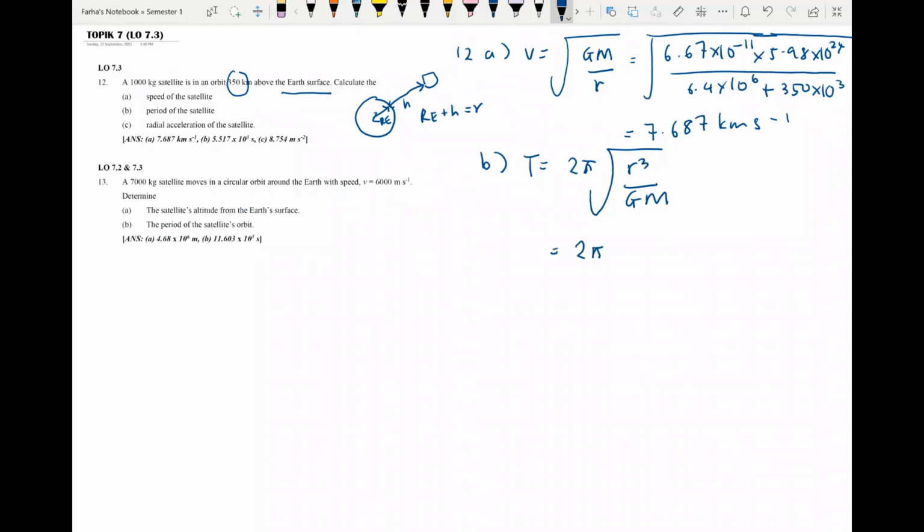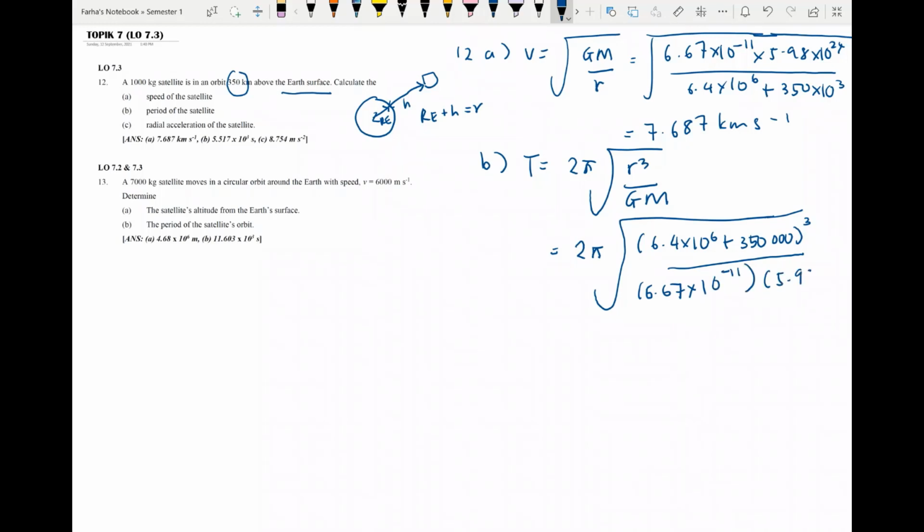Okay, for the period, we just use T equals 2 pi square root of R cubed over GM. Remember R is the distance from the center, meaning 6.4 power of 6 plus H, 350 kilometer or 350,000 meter, cubed over G. The constant is 6.67 power of negative 11.